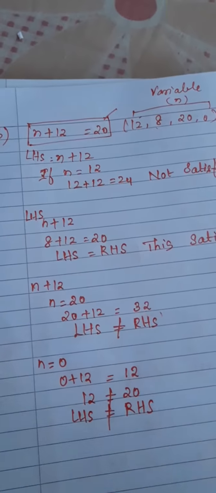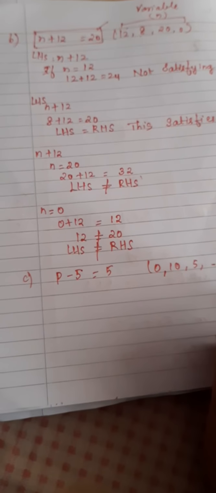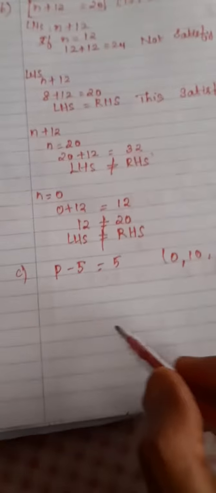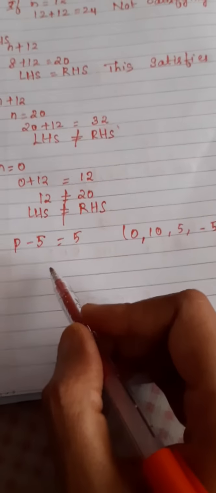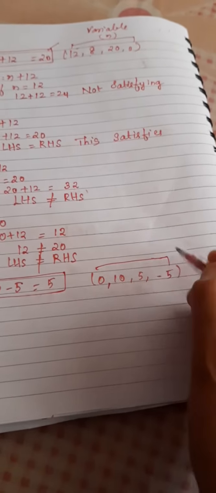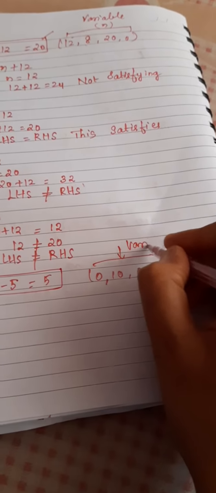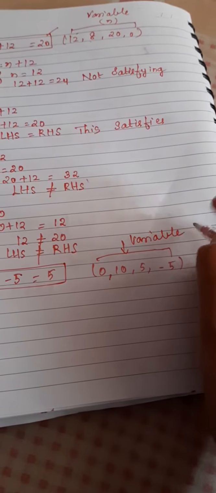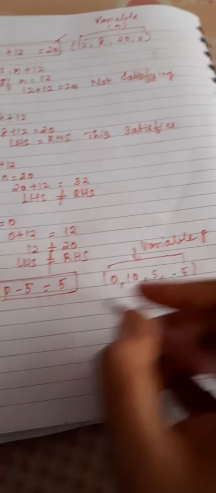This is not satisfying. Since I've shown the steps for question A and B in question 3, just directly going to solve and show which is satisfying and which are not satisfying. p minus 5 equal to 5 is the equation and these are the values of variable p. So we have to find which solves the equation and why others are not satisfying.